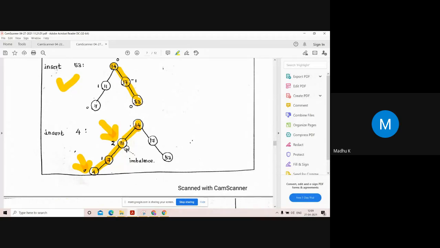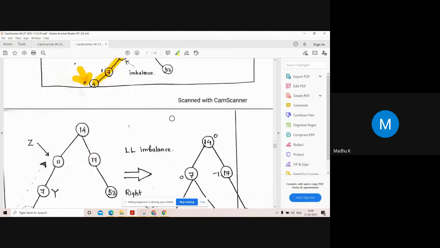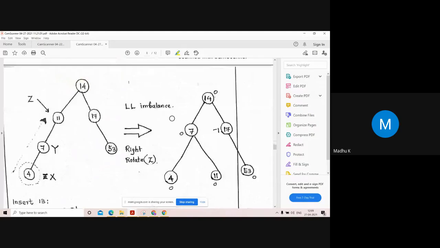So how will we handle it? This is how I'm handling it. I inserted the node 4 here. So I moved upward and found this is the imbalance node.